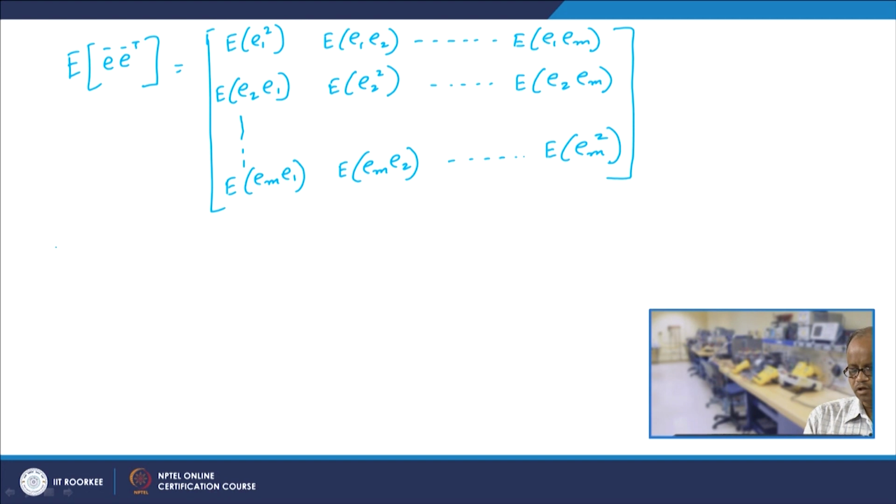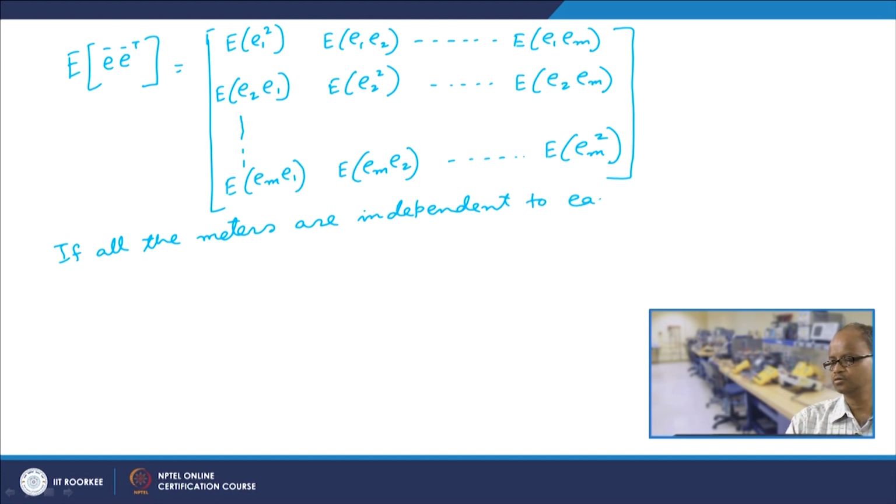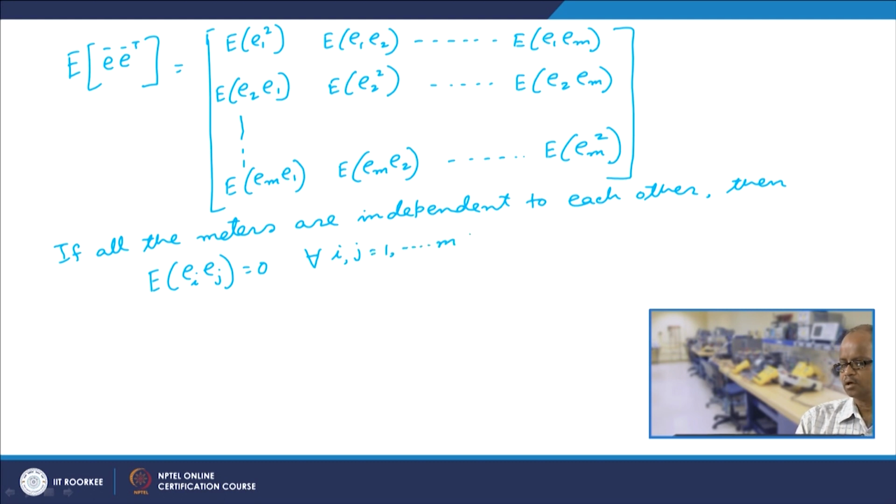So, from this basic definition, the expected value of e_i e_j is equal to 0 for all i, j equal to 1 to m, with the rider that i is not equal to j.